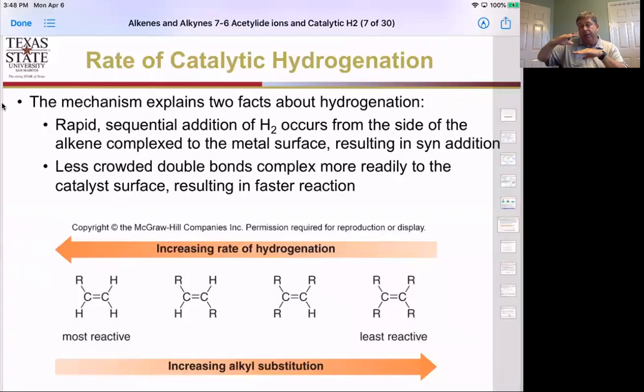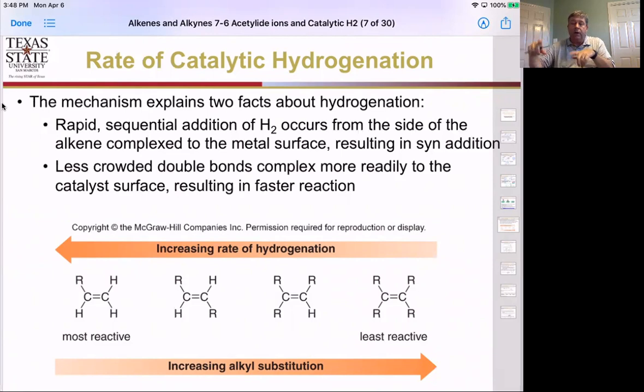So when we have a terminal alkene, that's the easiest because you only have the one R group forcing it away from the surface. The trans is next because you can have the two groups farthest away from each other trying to come down on that surface. The cis is less reactive because you have both of these groups having to come down on the same side.